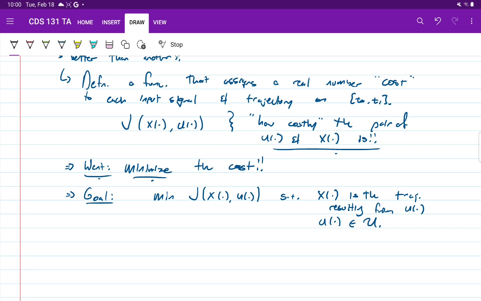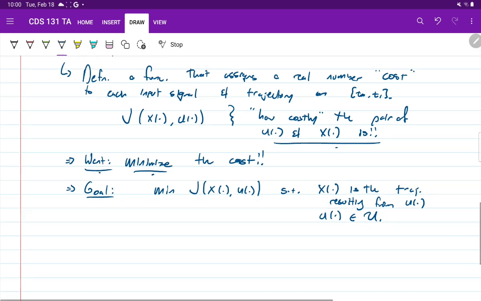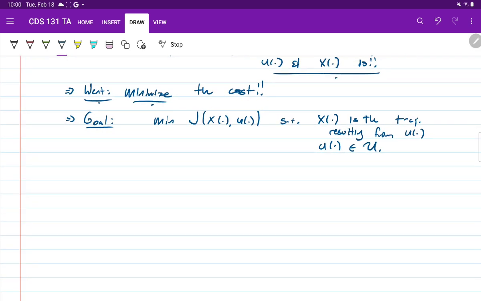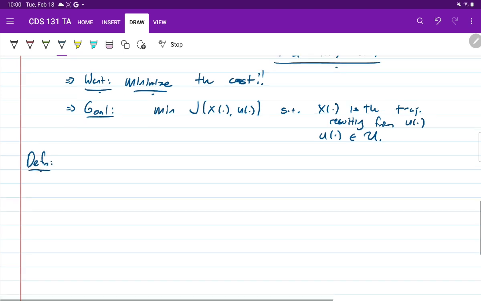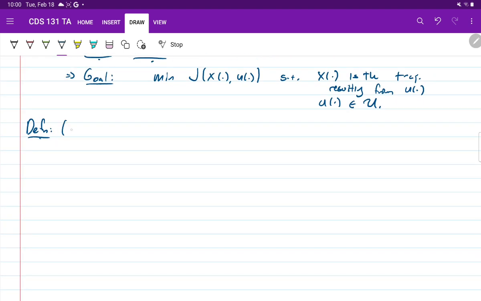Let's put these all together into a nice formal definition that tells us what an optimal control problem actually is. Okay? So we're going to define something called a finite horizon optimal control problem, which just abstracts these ideas from this simple car example away. So, definition, finite horizon optimal control problem.